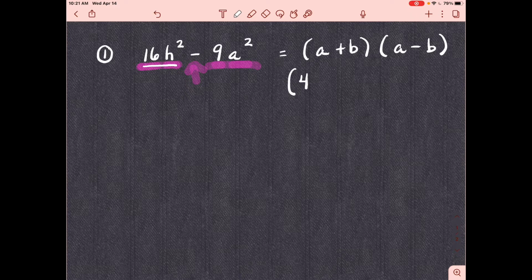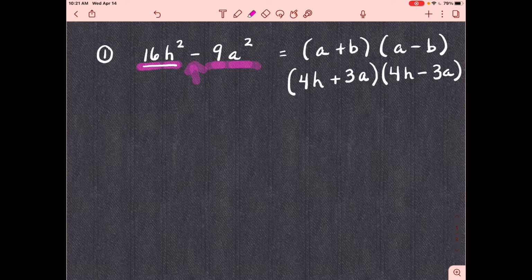And the square root of h squared is h, because h times h is h squared. We're going to have the plus, and then we need the square root of 9, which is 3, because 3 times 3 is 9. And the square root of a squared is a, because a times a is a squared. Then we're just going to write this 2 times, once with a plus and once with a minus.